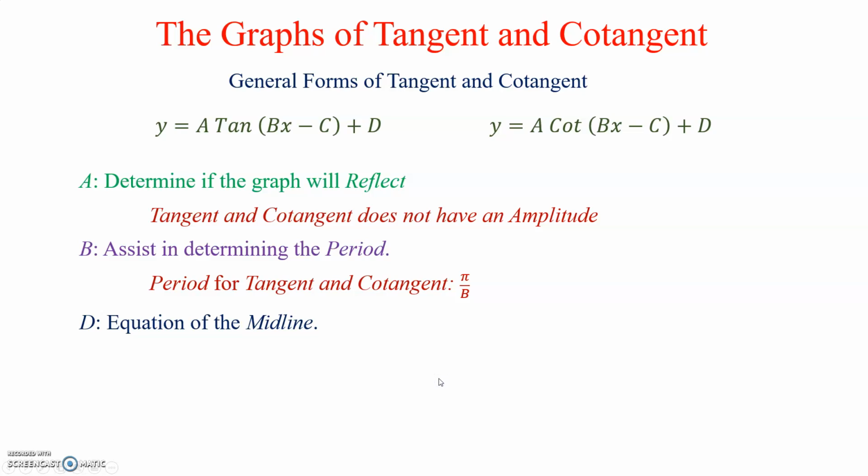Next, the d, just like before, is the equation of the midline. Y equals whatever that number is. And lastly, was the part inside the parentheses, the bx minus c. This will be used to find the phase shift. Just like before, the formula is still the same, negative c over b.